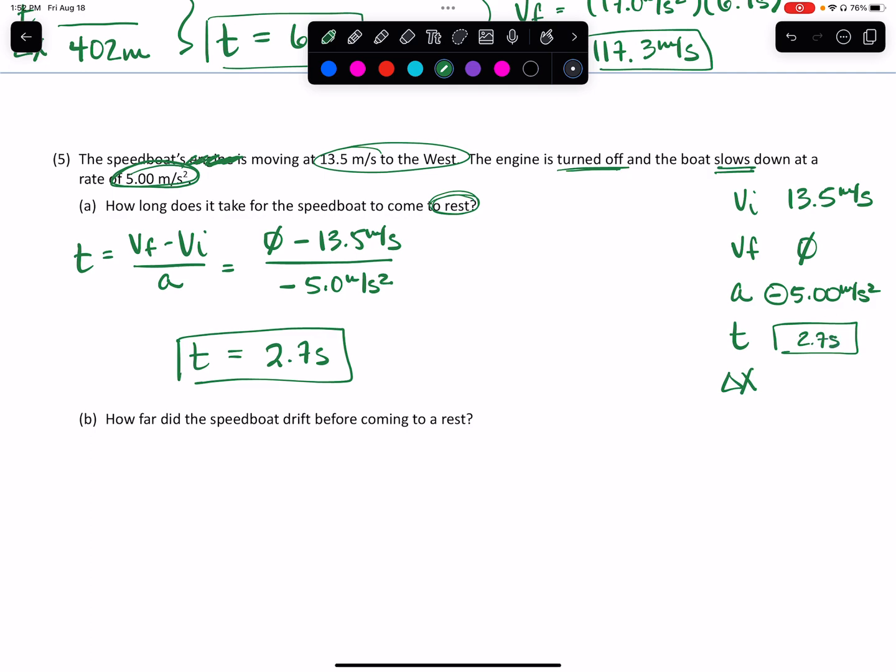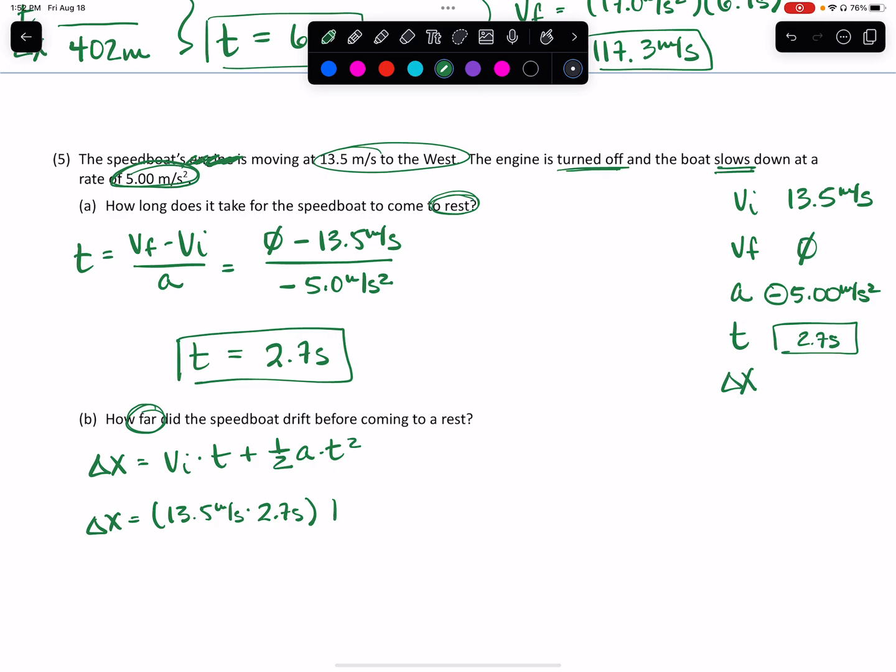We're going to go down to part B, how far. So now we're looking for delta x. I think using the delta x formula, which is v initial times time plus 1/2 acceleration times time squared, works great here. So delta x is going to be equal to 13.5 meters per second times 2.7 seconds plus 1/2 negative 5 meters per second squared times 2.7 seconds squared.